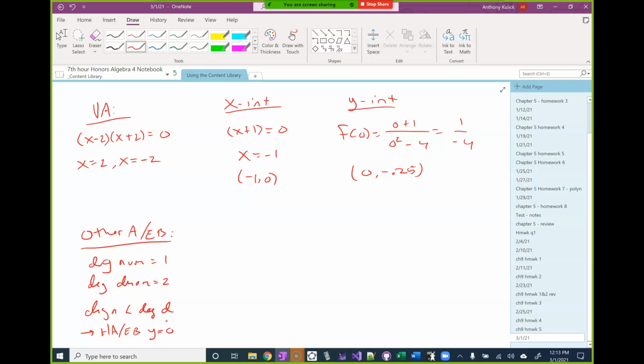Now, I've done enough already to know immediately whether I'm talking about an asymptote or end behavior here. Can anybody look at what we have and know for sure? There's enough information to tell.